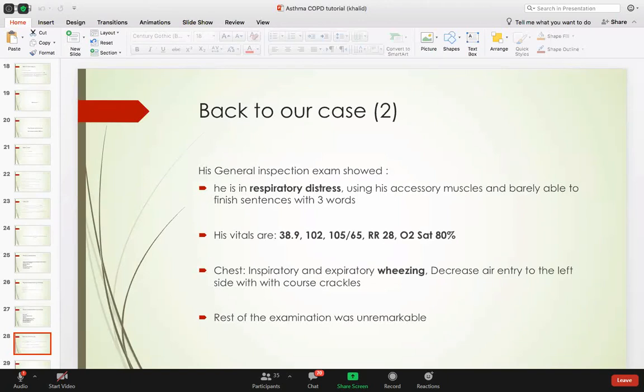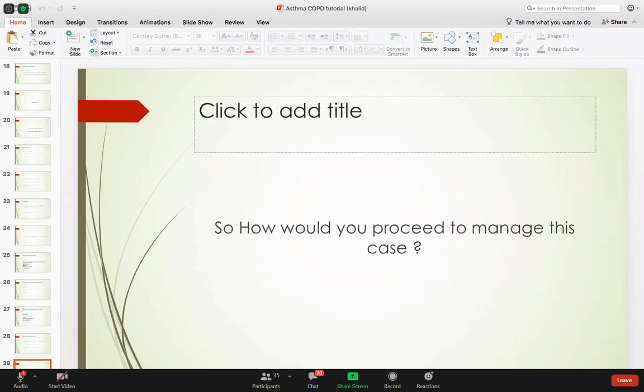Most of the time in the emergency, they will immediately put them on BiPAP, if they are conscious and able to breathe. And ensuring circulation, you have to secure an IV line, and you may end up giving them fluid because they have a low blood pressure.